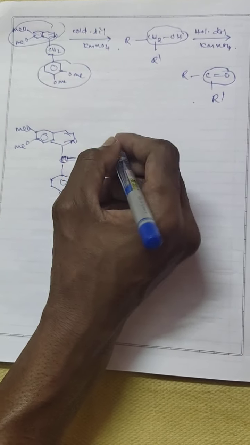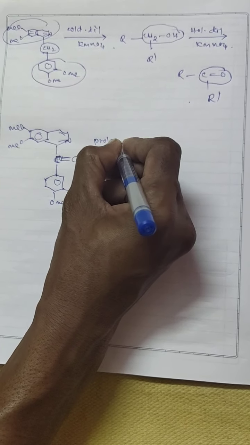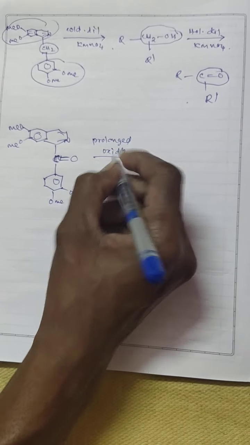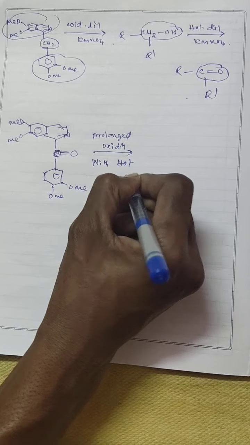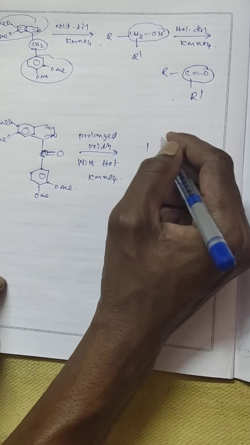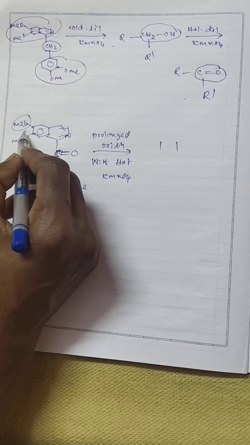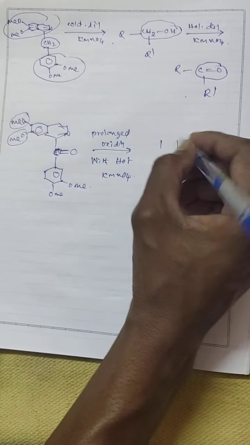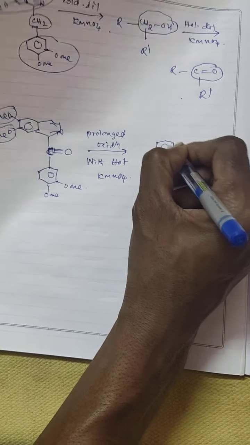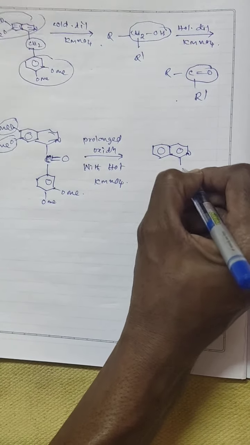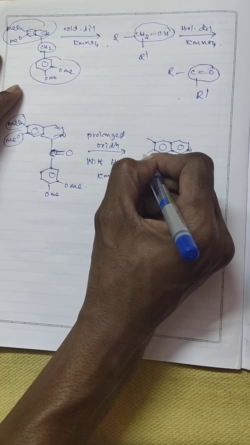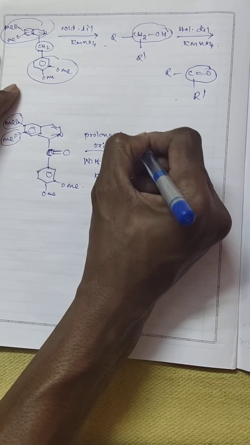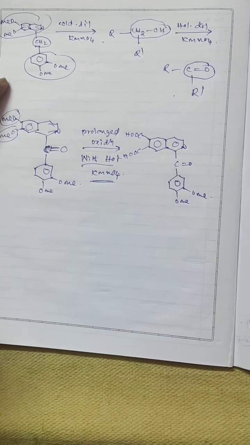Whenever it goes through prolonged oxidation with hot KMnO4, both methoxy groups are converted into acid groups. That is the structure like this, C double bond O. Here the methoxy groups are as they are, but here both methoxy groups are converted into acid groups when treated with hot KMnO4, right?